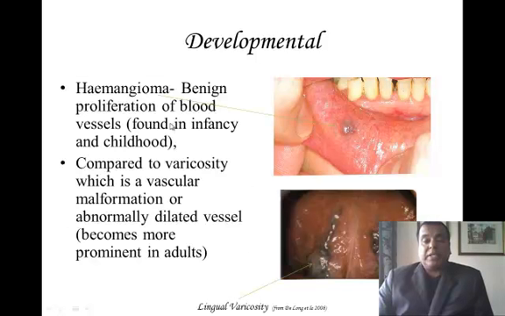Here, hemangioma, which is a benign proliferation of blood vessels, as mentioned earlier, is found at an early age, whereas as age increases, people tend to get lingual varicosities, but these are usually bilateral in nature and therefore clinically more apparent.